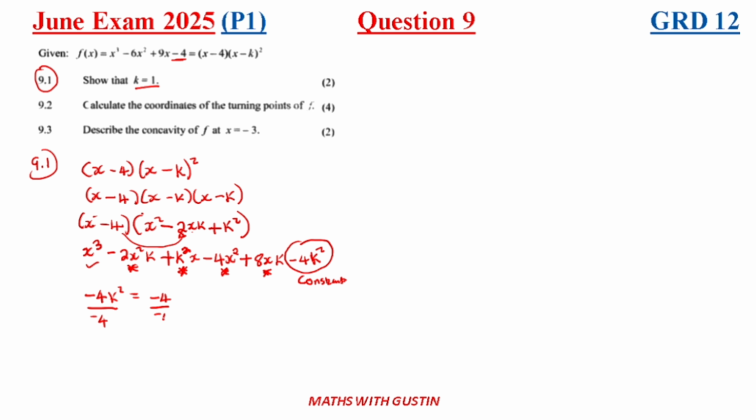I hope you guys understood me, right? So this one and this one will go, then you're gonna be left with k squared is equal to 1. Then we're gonna take square roots both sides, therefore k is equal to 1. So we have proven that k is equal to 1. Then you can get your 2 marks there, right?